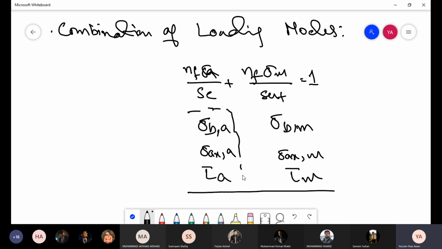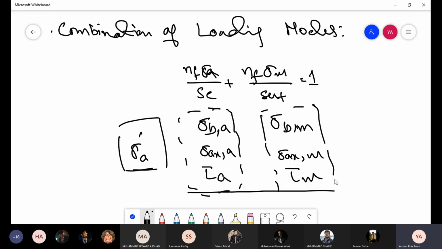Any equation for stresses which can combine these to give you the value of sigma A, and combine these three to give you the value of some sigma M. Have we discussed any equation previously which combines these three values to give you a single value? Principal stress?